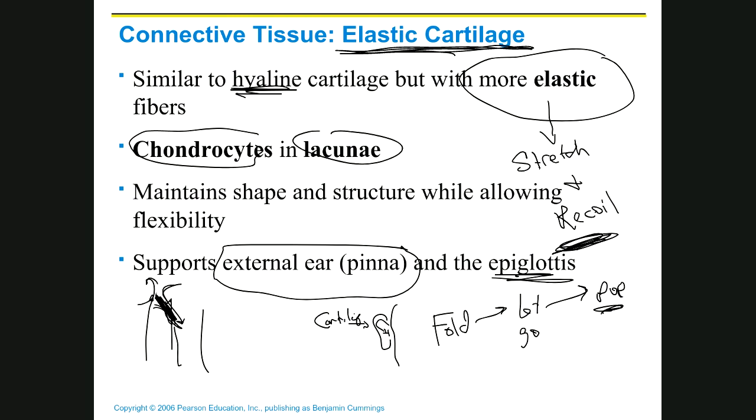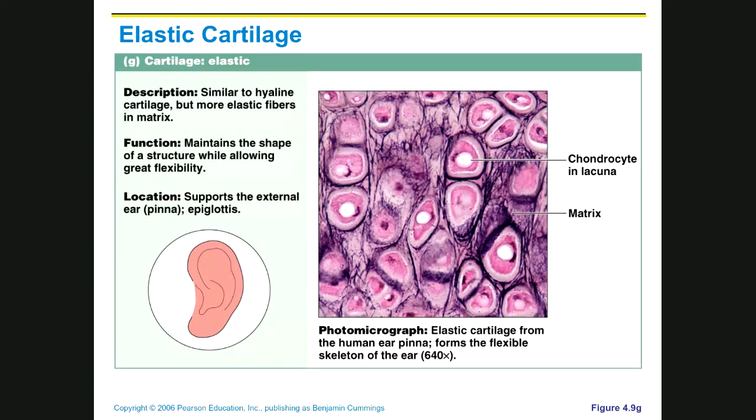And then again, we're going to have chondrocytes, we're going to have lacunae, but we're going to see elastic fibers. And remember, elastic fibers stain dark. So when we see this, we're going to see these dark staining fibers. And there they are. Here are these dark staining fibers right here. Those are elastic fibers. And there's our chondrocyte with our lacunae. And then lots and lots of these dark staining fibers.